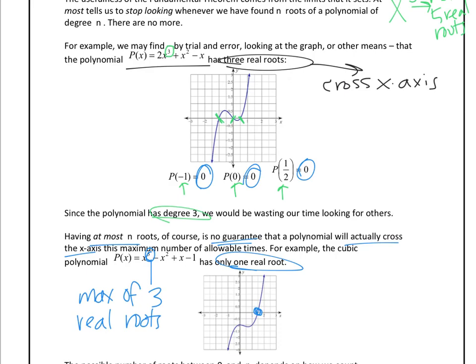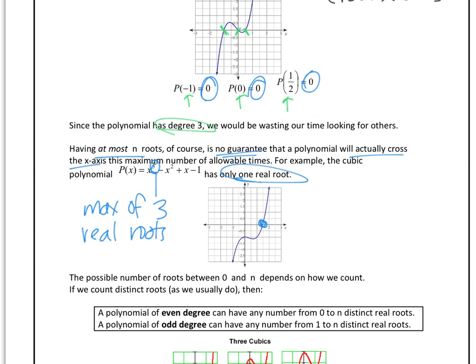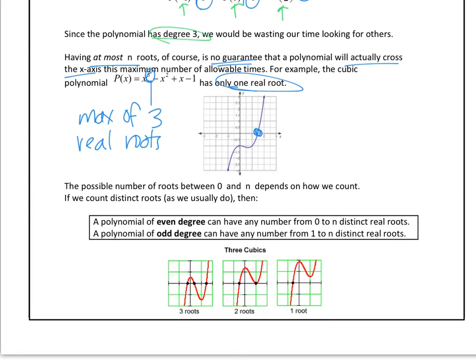So you need to understand that functions, polynomials, can have a maximum, but they also have a minimum. So an even degree polynomial can have from 0 to n distinct real roots, 0 being the minimum, it doesn't have to cross at all, and n being the maximum.